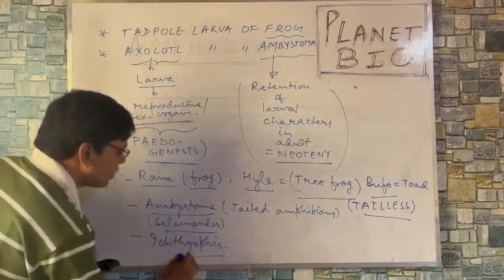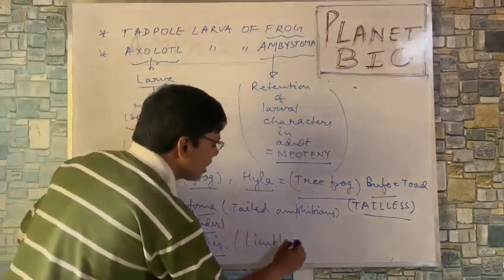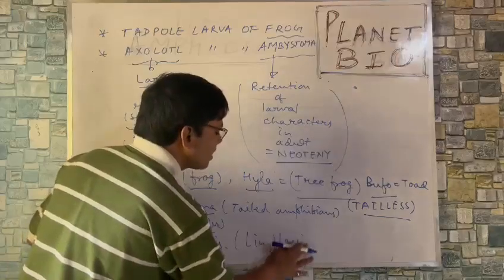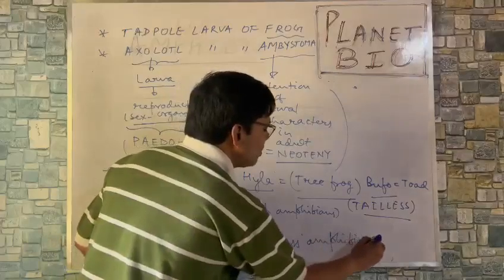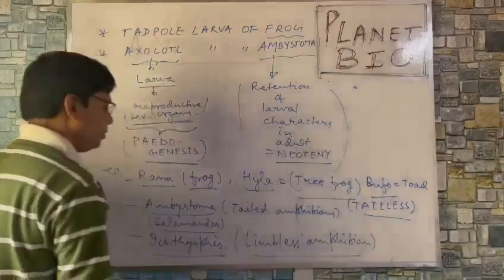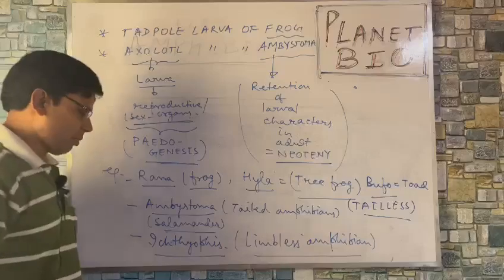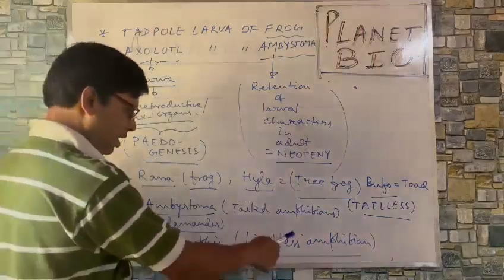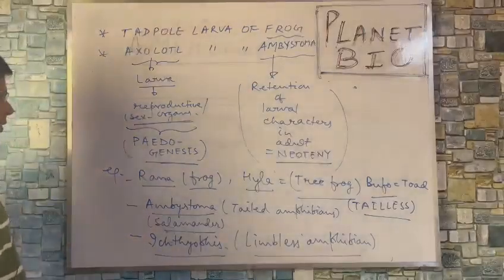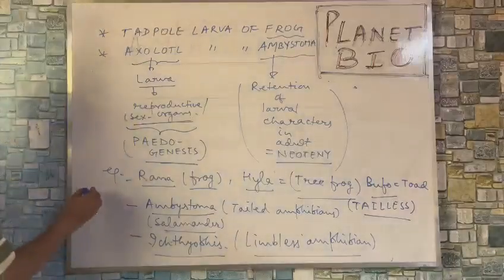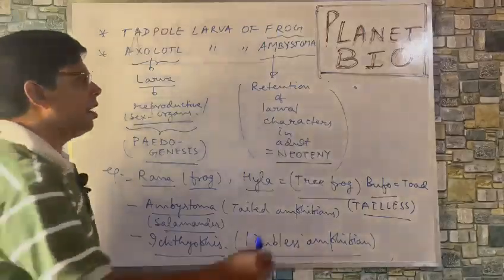And there are certain amphibians like Ichthyophis, Uraeotyphlus. These are limbless amphibians. They don't have limbs, limbless amphibian. In your book only this much example is there. Ichthyophis, limbless amphibian. Their adults have no limbs. And they show parental care. How?